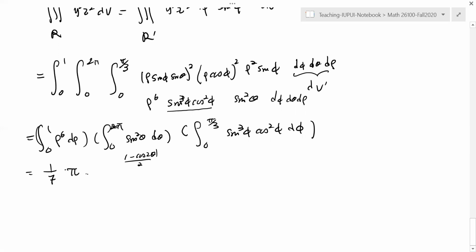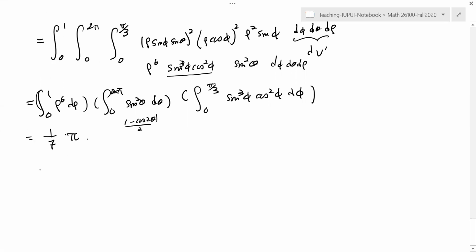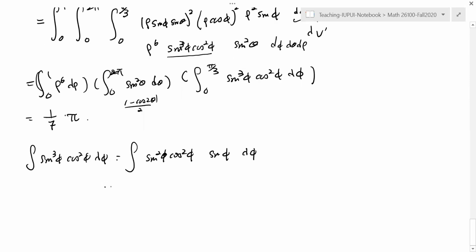Now the difficult part is the last one. I'm going to put the answer here. The last one is trying to find the antiderivative of this function. And how to do that? Well, sine cubed phi is going to be sine squared phi, cosine squared phi, and the sine phi d phi. Then you use a substitution.